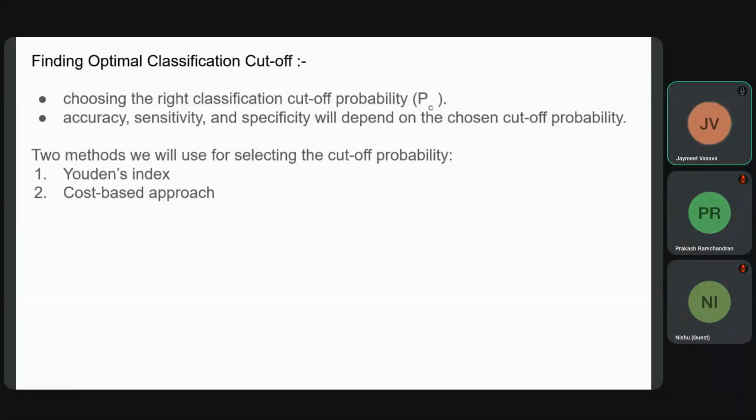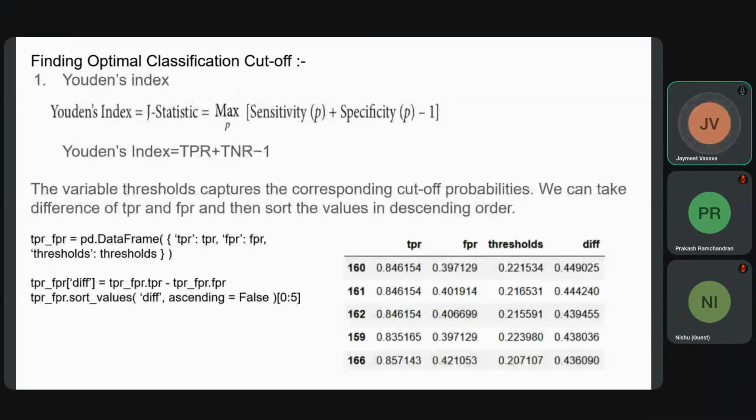These are the metrics that we have discussed before, and their values will be affected whenever we choose the cutoff probability. So two methods we will use for selecting the cutoff probability are Youden's index and the cost-based approach. So let's start with Youden's index first. Youden's index, which is also known as the J statistic, takes the maximum value of the sensitivity of P plus specificity of P minus 1.